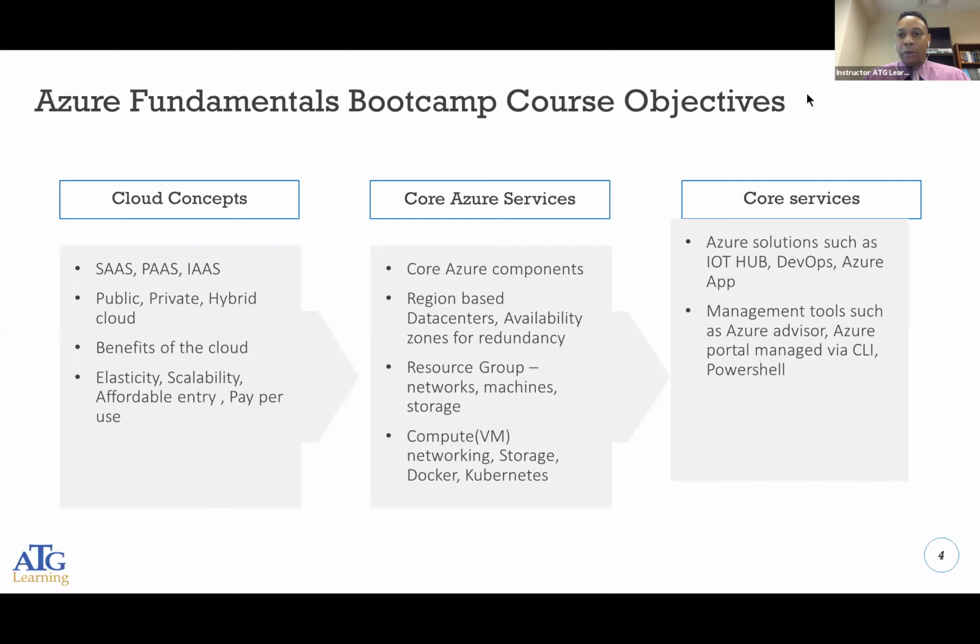Moving over to core services, we have Azure solutions such as IoT Hub. What is IoT? Internet of Things. The Internet of Things is basic devices that everyone uses. I'm sure everybody has an Amazon Alexa or some type of smart device at their house, like a smart thermostat, something that you can manage by connecting over the internet.